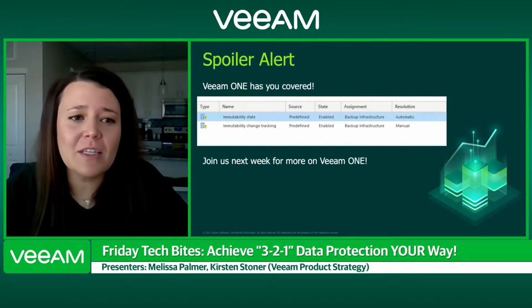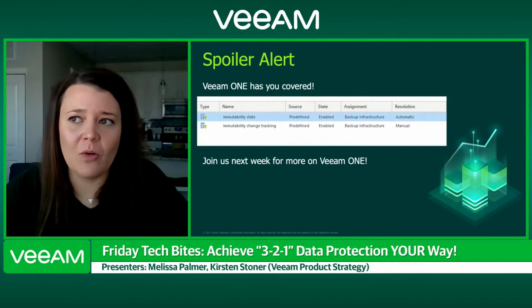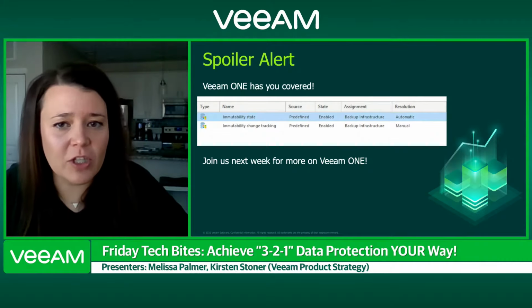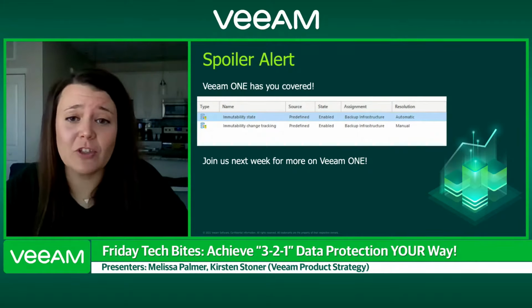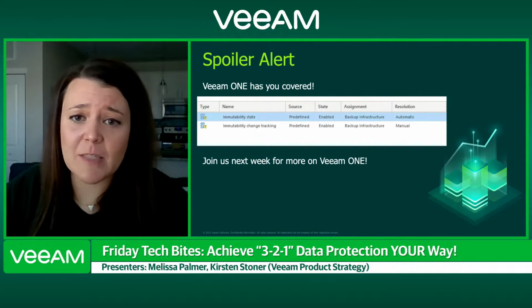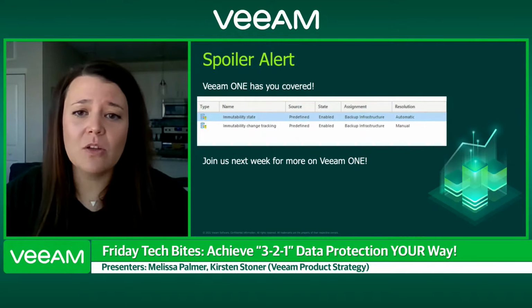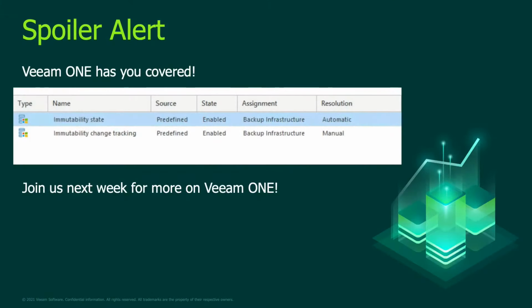So recently we released a new version of 11a, and with this version came a lot of new enhancements and new alarms. Two of the new alarms are just the ability to track immutability. So you have immutability state, making sure that the configured immutability setting is turned on or turned off. It will let you know.